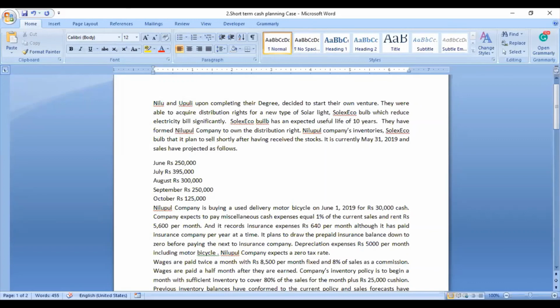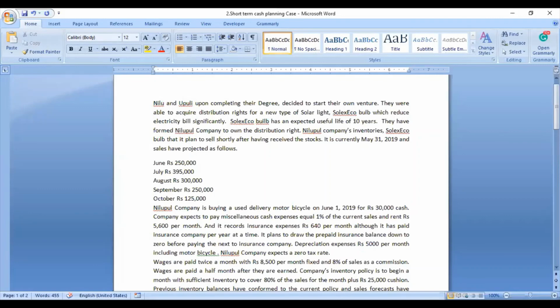For June, 250,000 rupees, July 395,000 rupees, August 300,000 rupees, September 250,000 rupees, and October 125,000 rupees. The Nilupul Company is buying a used delivery motor bicycle on June 1st, 2019 for 30,000 rupees cash. The company expects to pay miscellaneous cash expenses equal to 1% of current sales, and rent is 5,600 rupees per month.